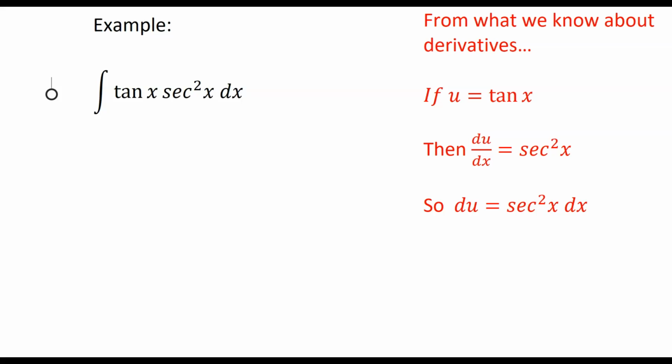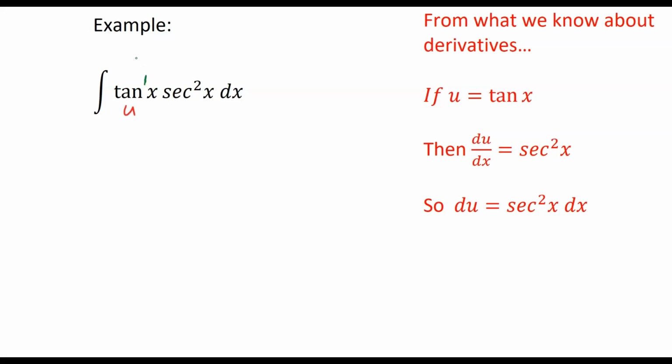So recall that if we let u equal tan x, that will be this part right here. There's our u, and I'm going to do that in red. U, right there. And it's raised to a power, that'll be a 1.